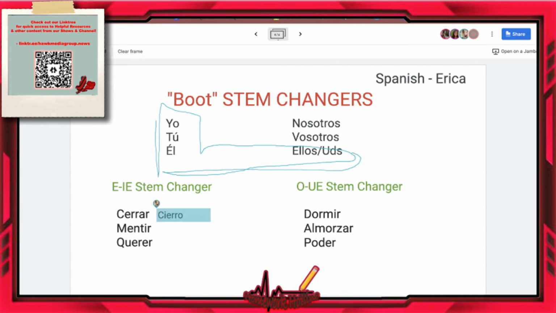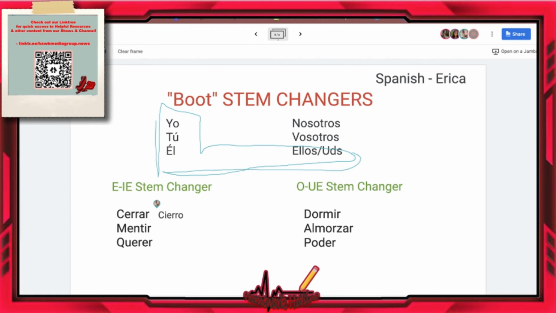And if someone else is, you say cierras or cierra, depending on who you're talking about, as long as it has nothing to do with nosotros or vosotros, which nosotros is we, vosotros is you guys in an informal way. Then we go down to mentir. Mentir means to lie, and we're going to change that to miento, which would be saying I lie, and the same thing applies. You just change the ending depending on how you're conjugating it.